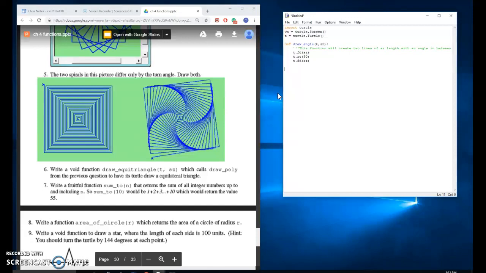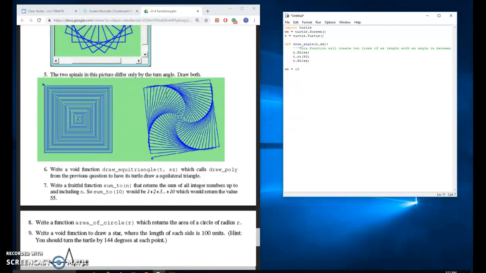Now that we have our right angle function, I'll be looping it so it will continue making this circumference around it. Let's make it 5, so it won't be too big.